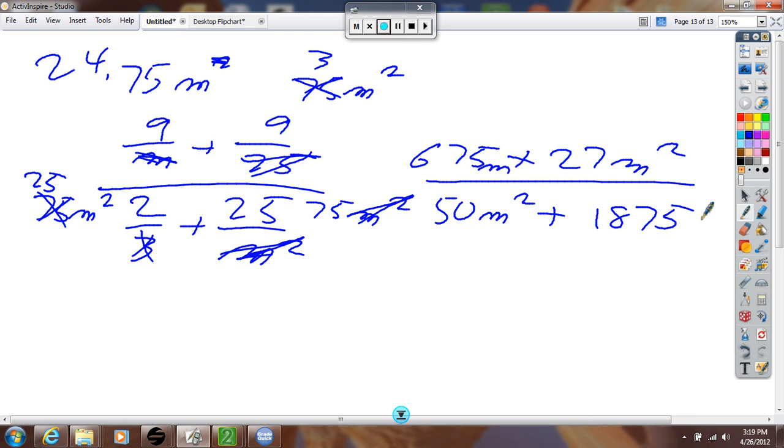Does 3 go into 50 evenly? No. If 3 doesn't work, 9 can't work because 9 is nothing but two 3s. So only 3 works here, but 3s don't work here, so nothing works. We're done. That's our answer. There's nothing to reduce.